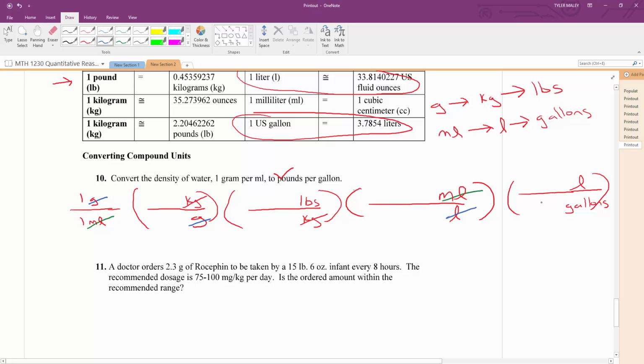Right? So then this liter will cancel with this liter. So what units do we have left? Well, we would have pounds over top of gallons, which is what we want, right? Pounds per gallon. So I'll write off to the side: currently the unit we're in is pounds per gallon.